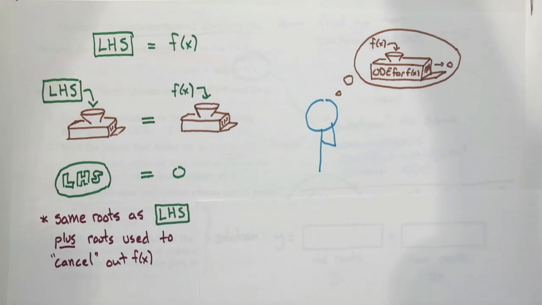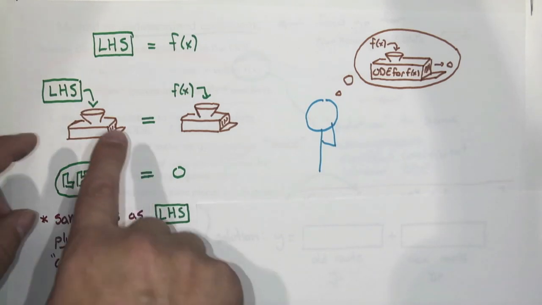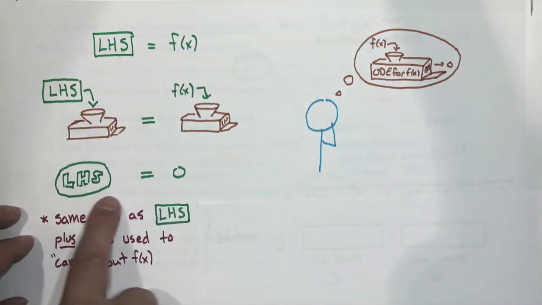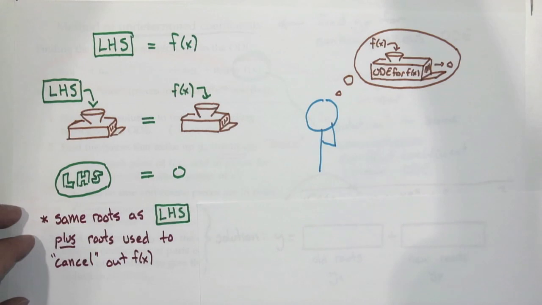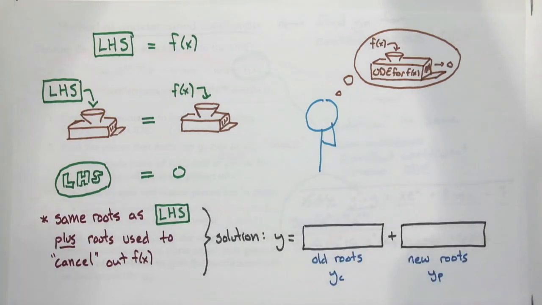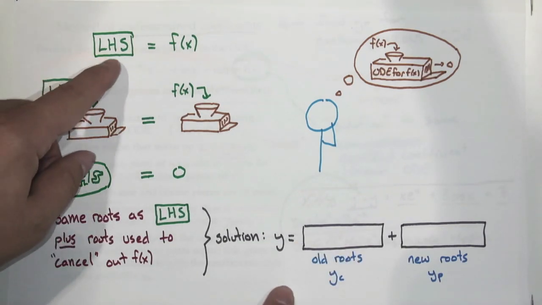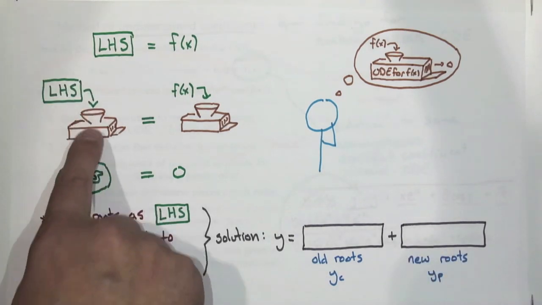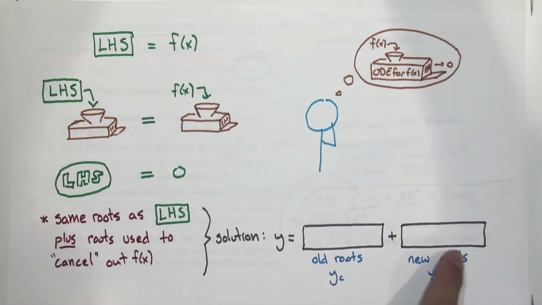So that means that our original solution to this differential equation is also a solution to this differential equation, and therefore our solution comes with your old roots, so that's the original left-hand side, plus some new roots that you acquired from this differential equation. And the new roots correspond with the pieces that make up that new particular solution.